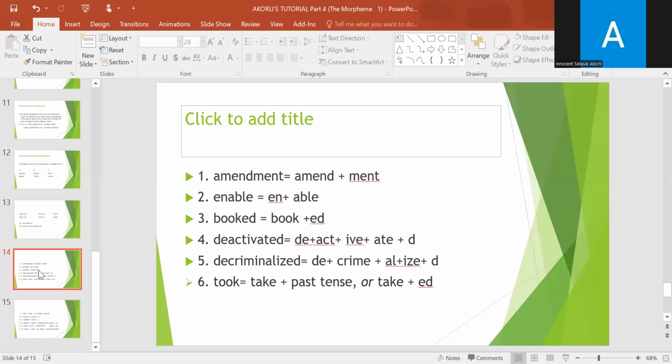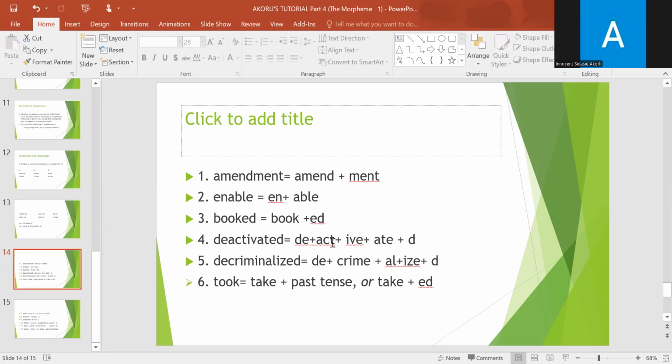Deactivated. This word is simple, but there are a lot of things there. When you separate D from activated, and you also separate the past tense morpheme at the end, you're going to have activate.